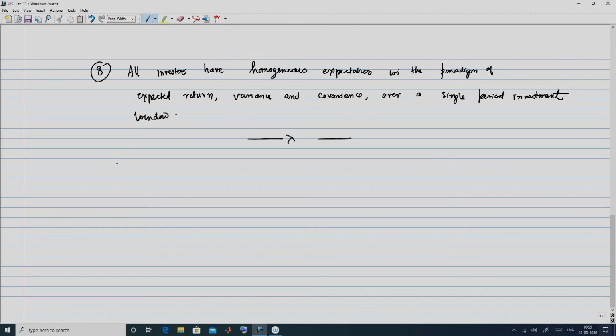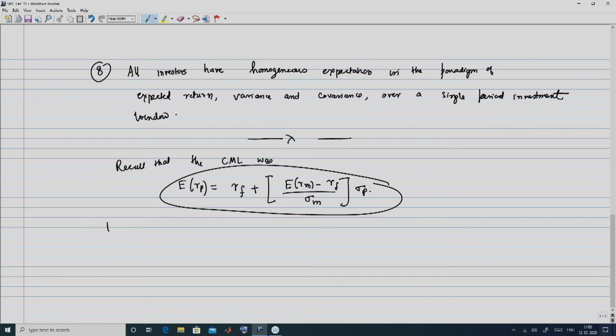Recall that the CML, or the capital market line, was given by expectation of the return of portfolio is equal to risk free rate plus ERM, that is the expected return on the market portfolio, divided by the standard deviation of the market portfolio, into sigma p.